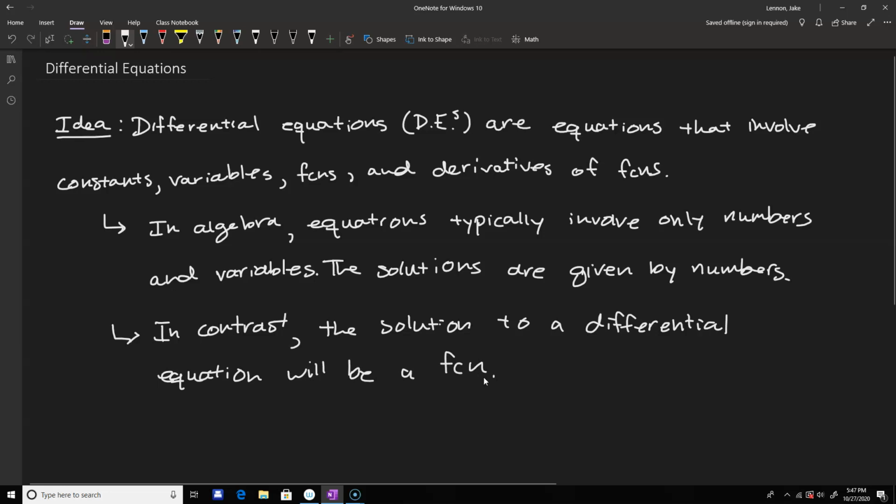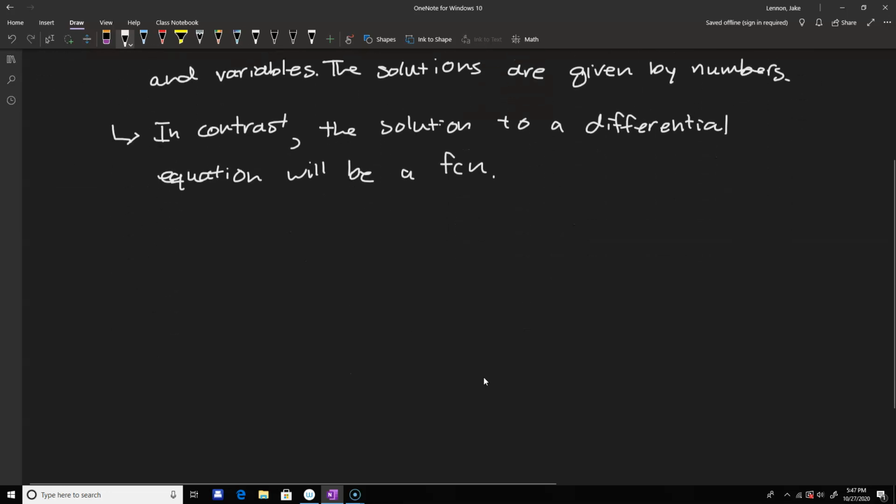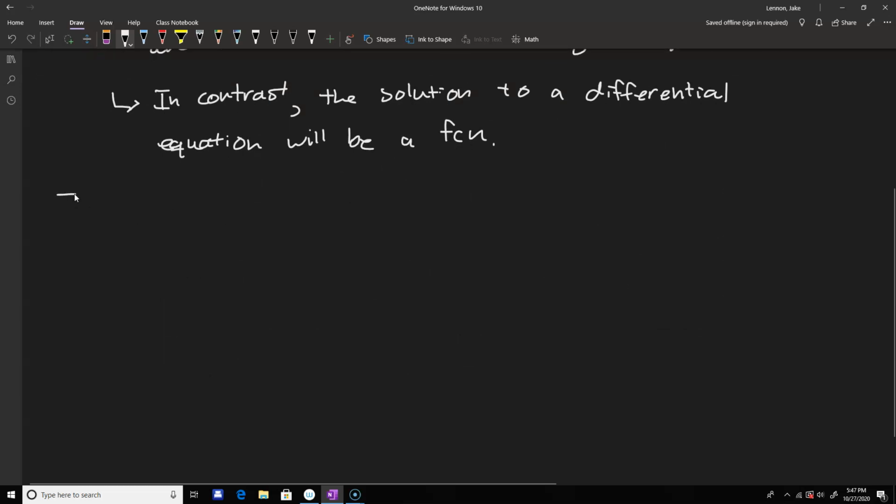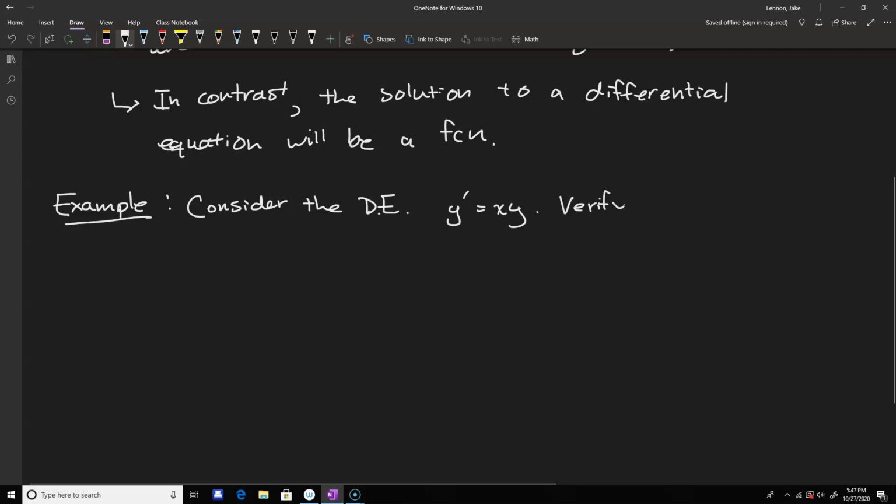So let's consider a differential equation, and I'll show you one possible solution and we'll verify that that is indeed a solution. So example, let's consider the DE y prime equals x times y, and verify that y equals e to the x squared over 2 is a solution.